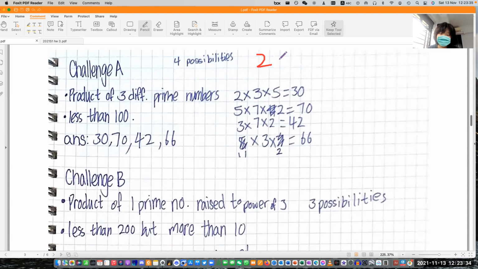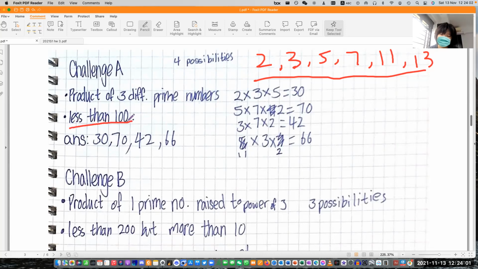The lowest is 2, then 3, then 5, then 7, and then 9. 9 is not prime. Then 11, and of course 13. Then you just multiply 3 of them together, and you should get less than 100. Those are the possibilities.